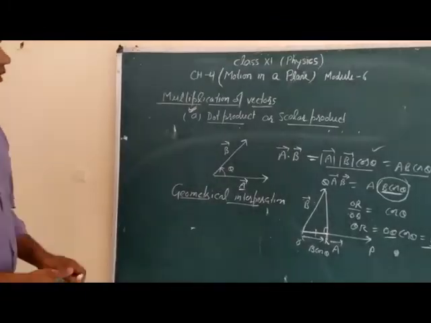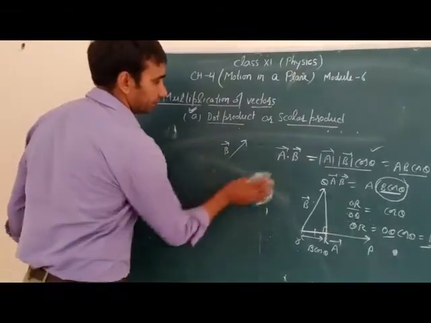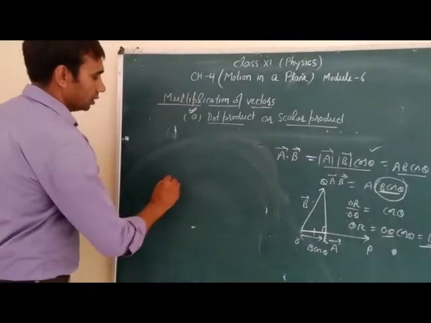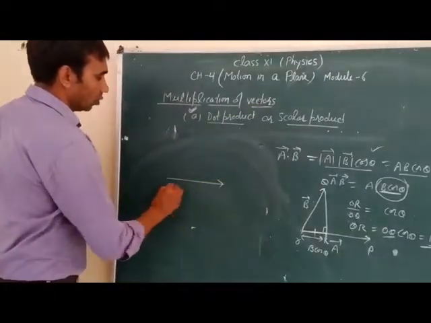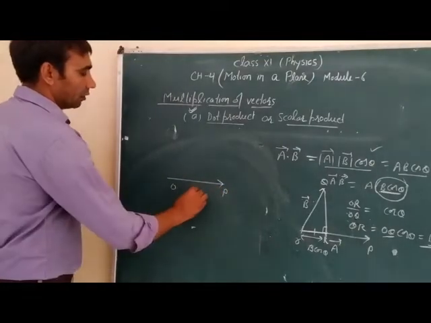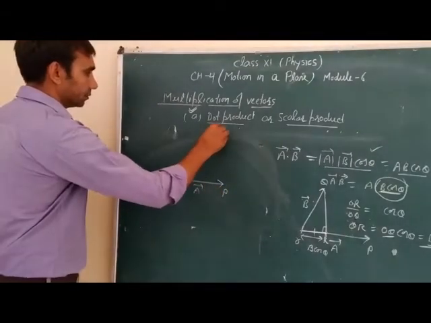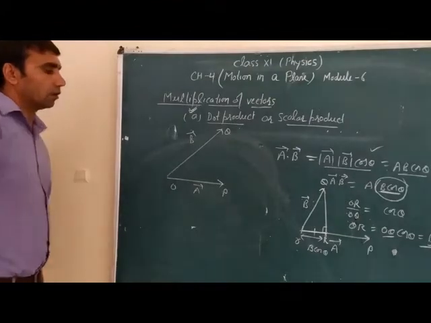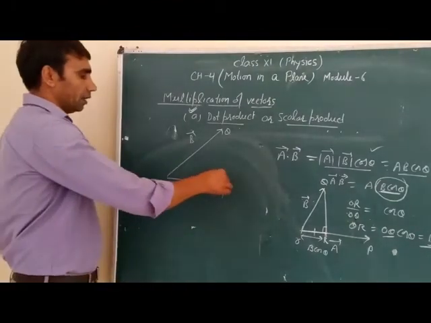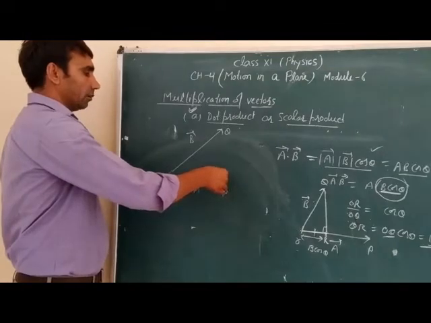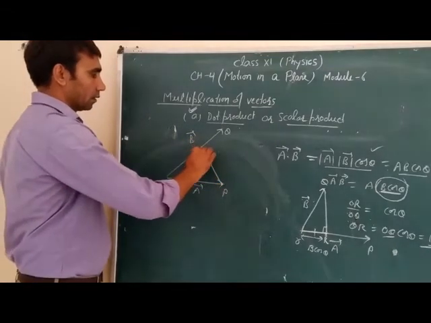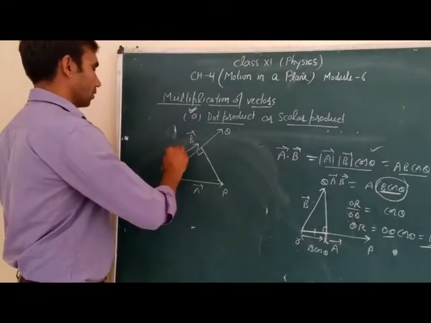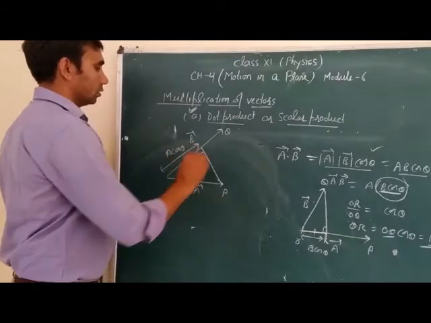Again, geometrically: this is vector A, OP, and another vector OQ, vector B. From point P, draw a perpendicular on vector B. This is equal to A cos theta.